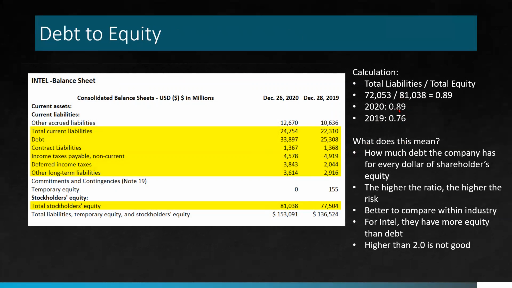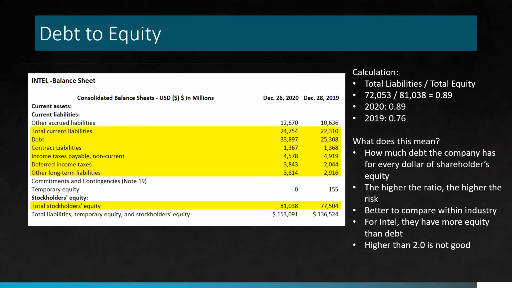In 2020, the debt to equity ratio for Intel was 0.89, and in 2019 it was 0.76. So what does this mean? This means how much debt the company has for every dollar of shareholders' equity. And just as in the debt to asset ratio, the higher the ratio, the higher the risk. Anything higher than 2.0 is not considered a good debt to equity ratio.